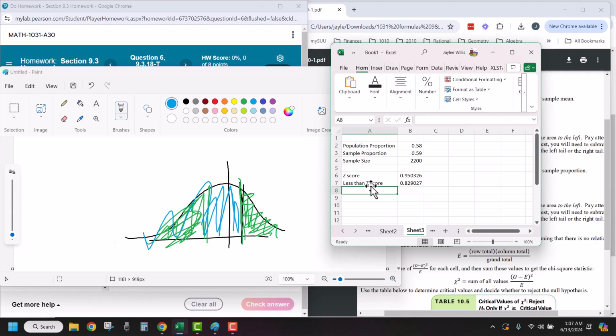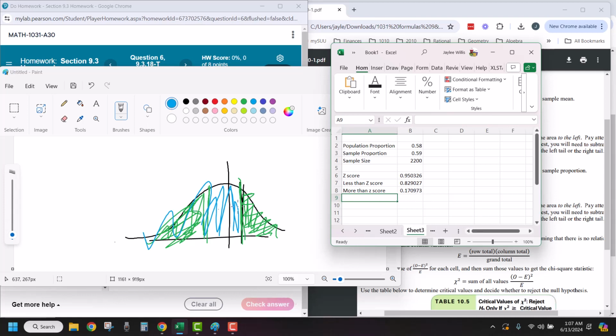So I'm going to figure out what one of the green parts is by figuring out the percentage that's more than the z-score. So this is going to be 100% minus that blue part. And that tells me that this one tail of green is 17%.